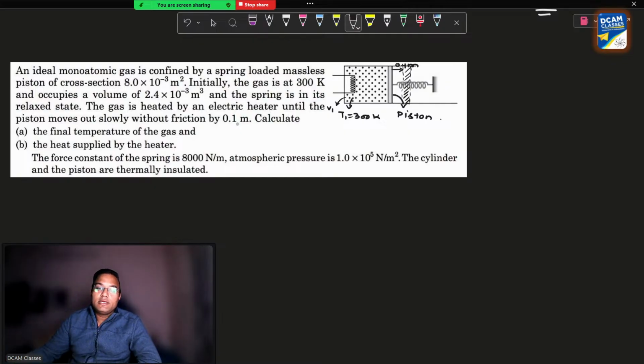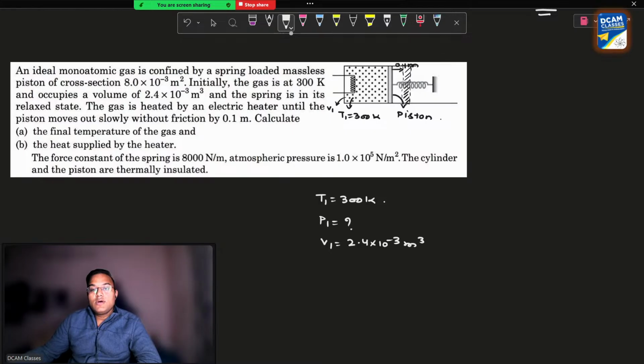Now, initially the gas was at a temperature of 300 Kelvin. Initially the pressure was... it's given or not? Pressure is not given. V1 was 2.4 into 10 power minus 3 meter cube.